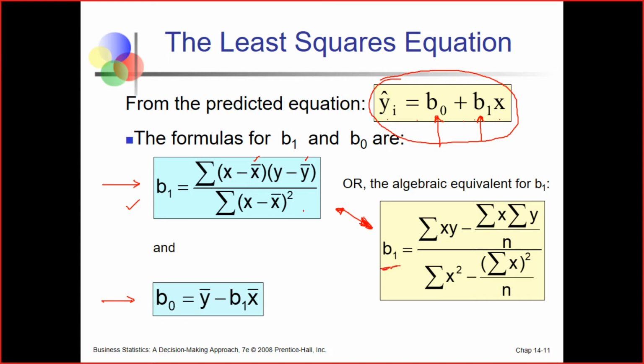Like in correlation, where we had two different formulas, both are applicable here too. When you get the value of b1 from either, calculate b0 with a very simple formula: b0 is equal to the mean of y minus b1, already calculated, multiplied by the mean of x.